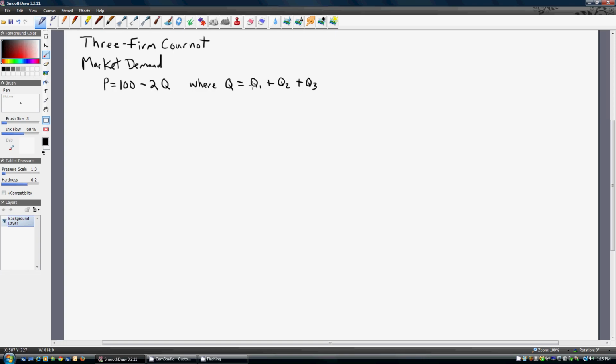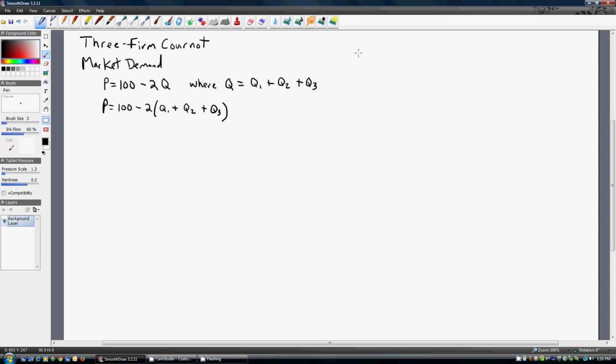If we want, we could substitute for Q subscript 1 all the way through Q subscript 3. So rewriting the market demand conditions as follows.